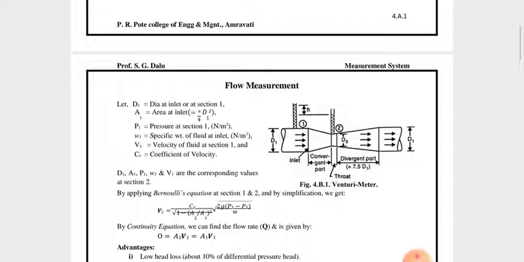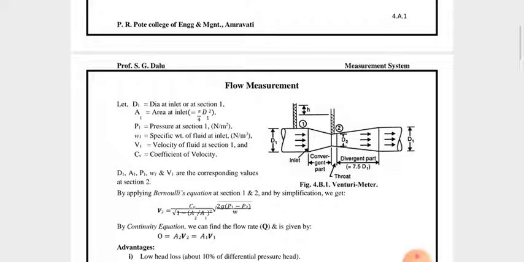So the venturi meter is divided into three sections: the convergent section, then the throat, and then the divergent section.